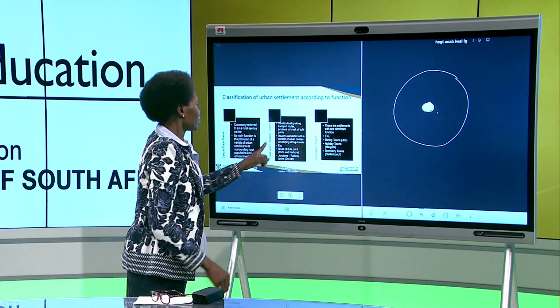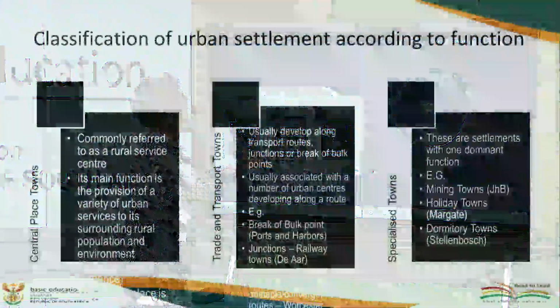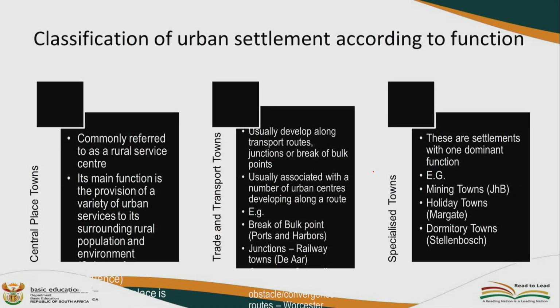Okay, and then the second one is trade and transport towns. These towns develop because of the activities that are being done in that place. For these ones, they develop because of the transportation that is taking place, in different ways.